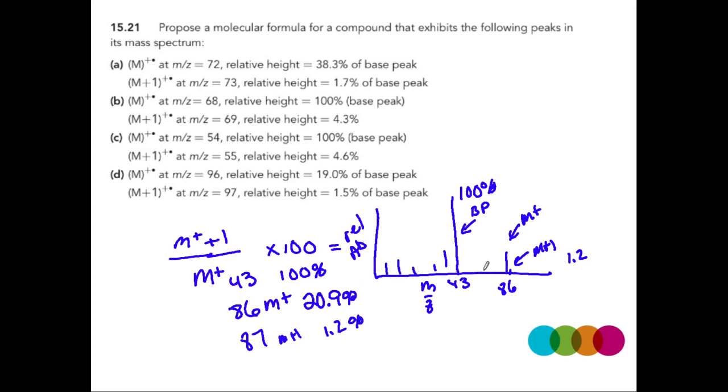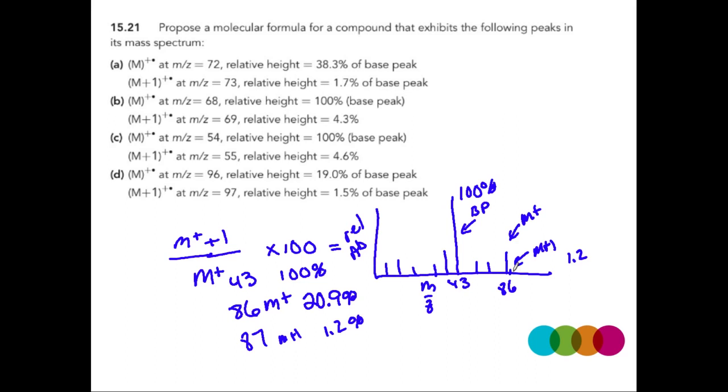I'm not going to worry about those. I'm really concerned about the base peak, which is going to be 100, my molecular ion peak, which in this case is 20.9% as tall as the base peak, and my M+1 peak, which is 1.2% as tall as the base peak. Remember that my M+1 peak is going to be 1.1% as tall as my molecular ion peak for every carbon that I have.